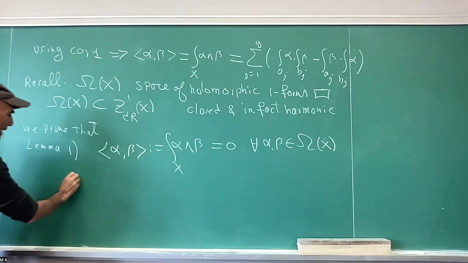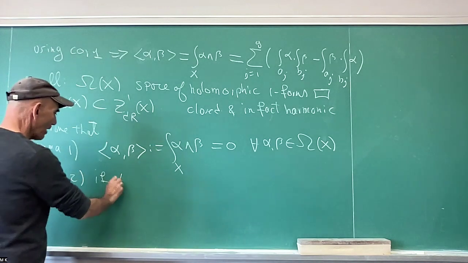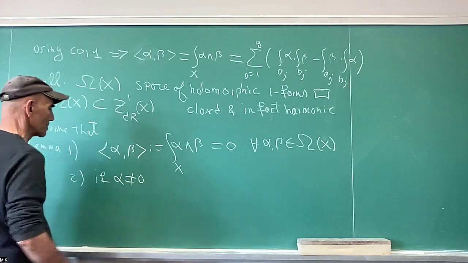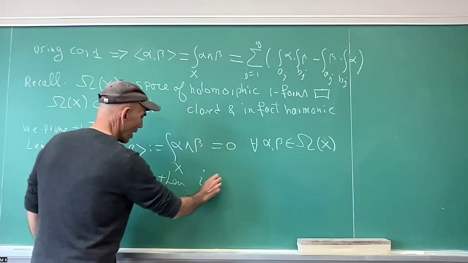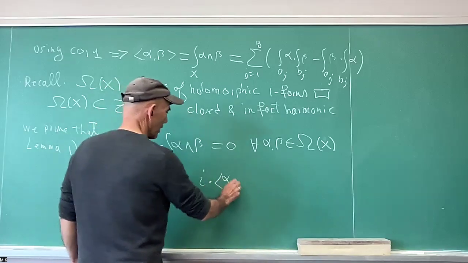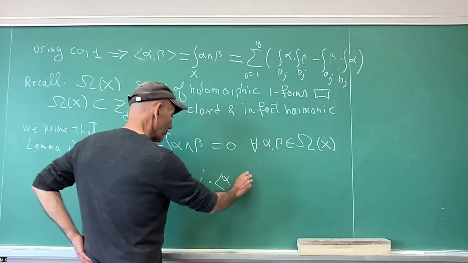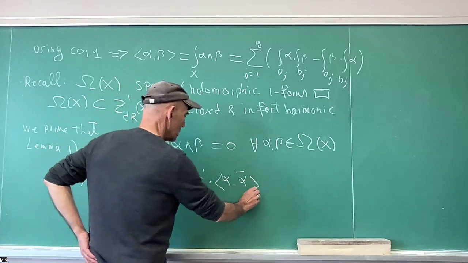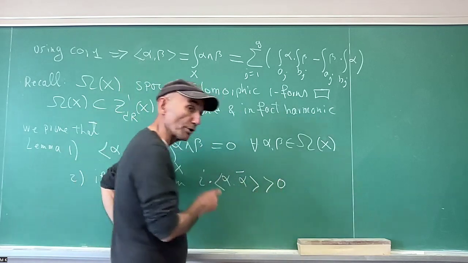The second one we proved is that if alpha is different from 0, then i times the intersection pairing of alpha and alpha bar is strictly positive.